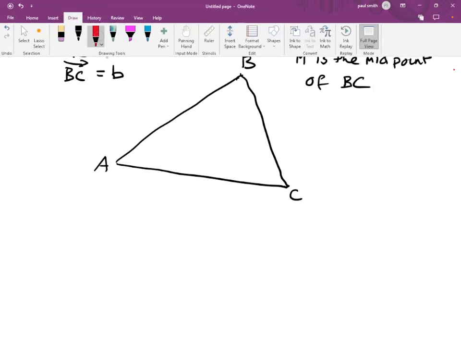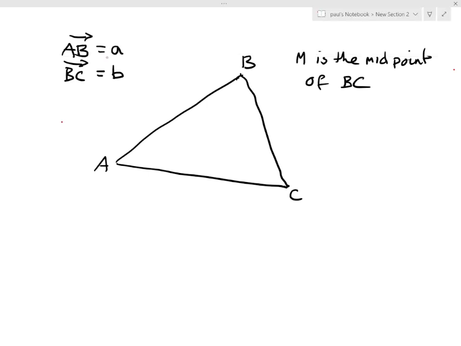AB is a. BC is b, that's a whole length. Now M is the midpoint, so stick a thing there and call it M. And now because that is the midpoint and the whole length is b, we can say that's the same direction but half the distance.